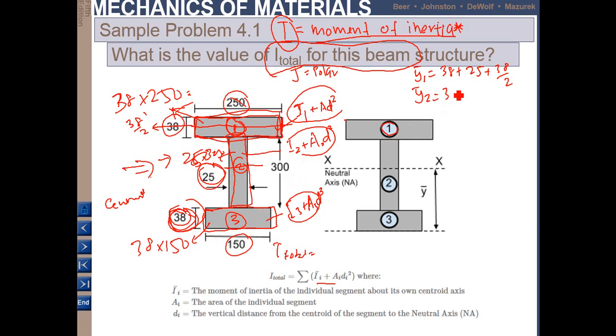So this is 38 plus 300 over 2, equal to 188. Similarly, the section centroid of the third part is in the middle of this, so it is 38 over 2, which is equal to 19. So we move this to here.